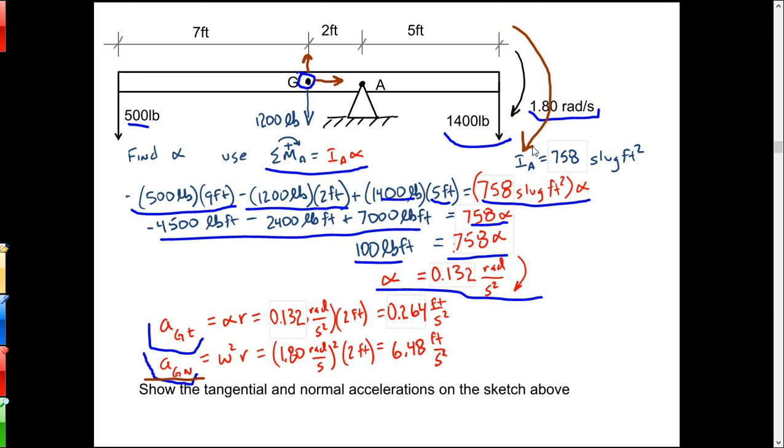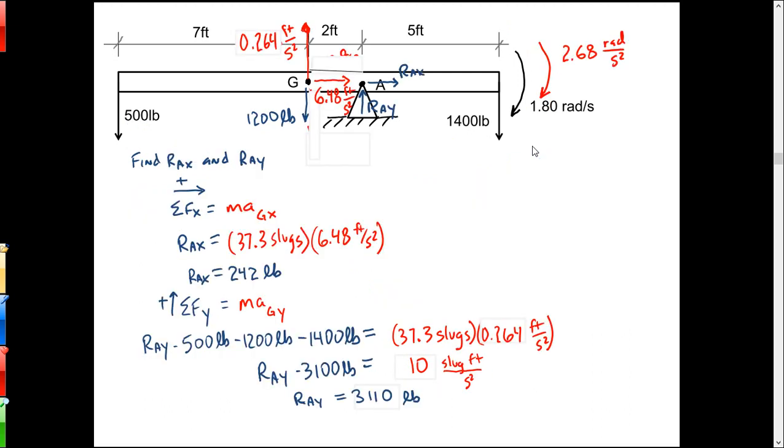So we want to be sure to get those things on a sketch going the right way, okay? So we got 0.264 feet per second squared up, and then 6.48 feet per second squared to the right.